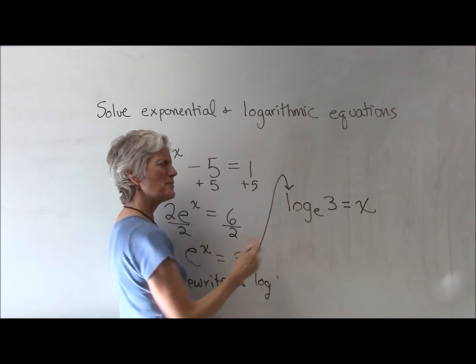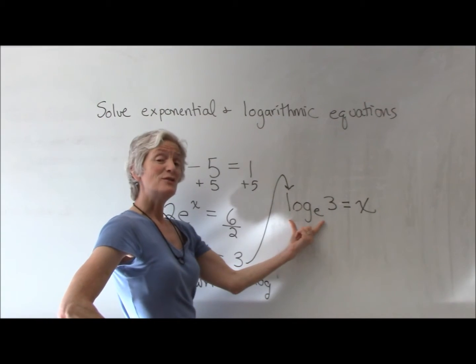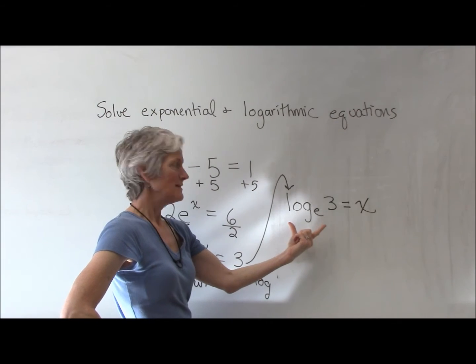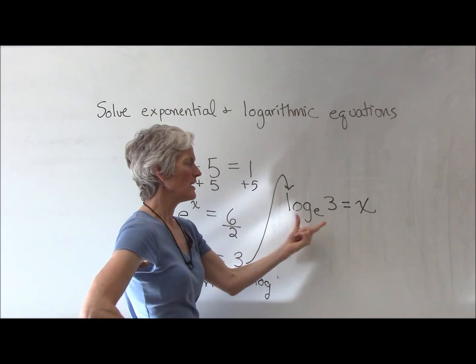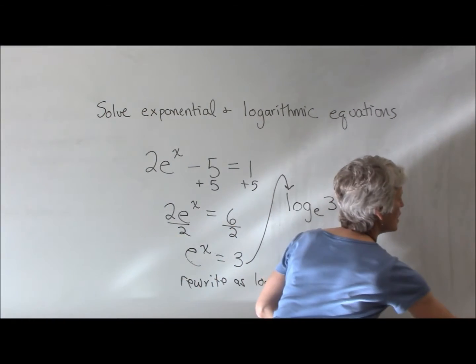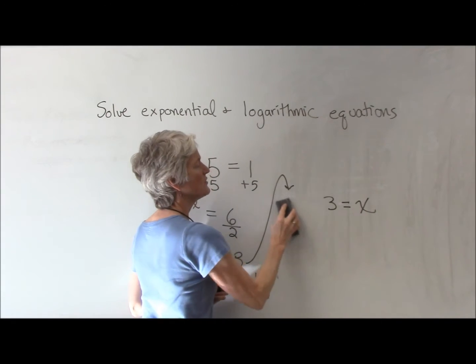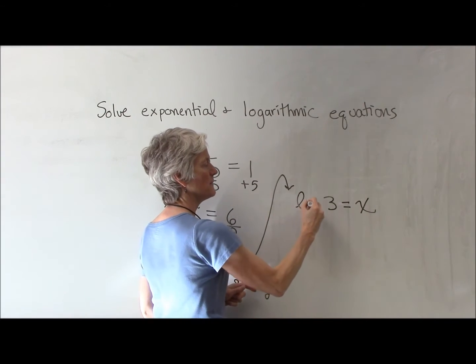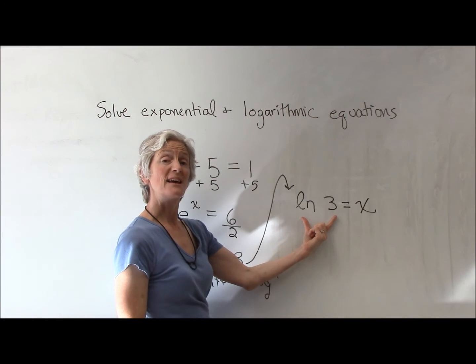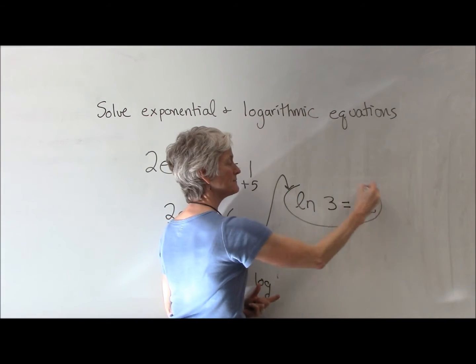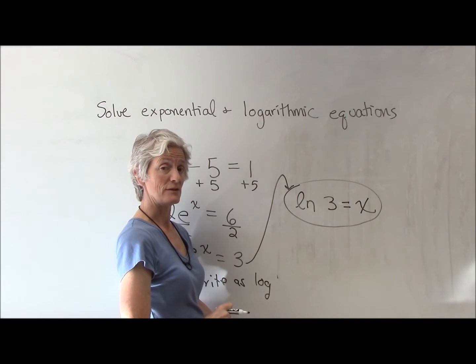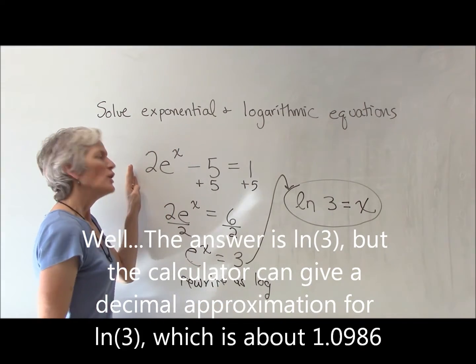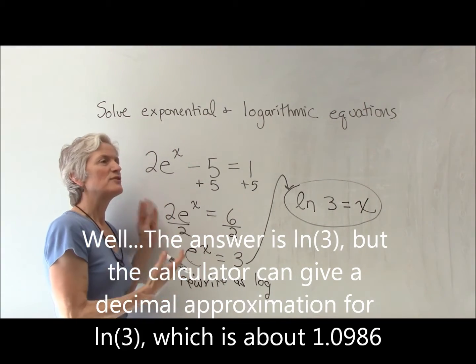But wait, log base e has its own notation. Of course, that's the natural log. So rather than writing log base e, we usually just write natural log. And then that's something I can put in my calculator, right? And find the answer.